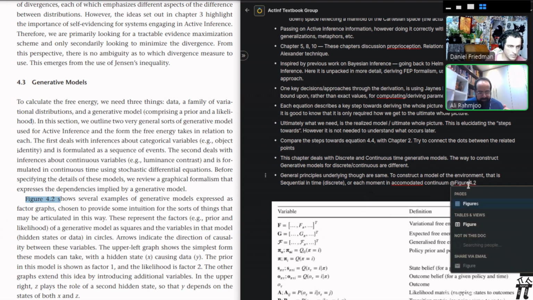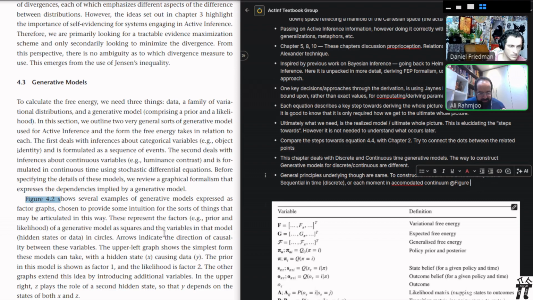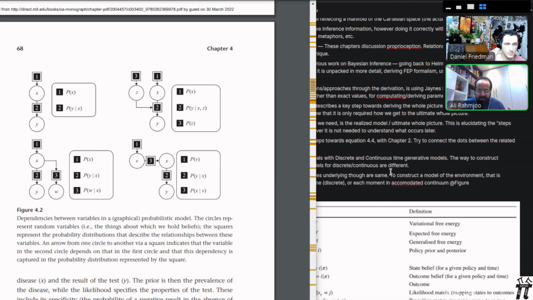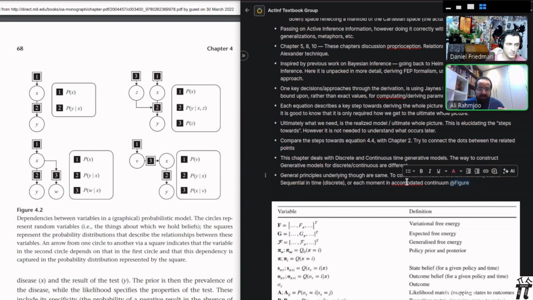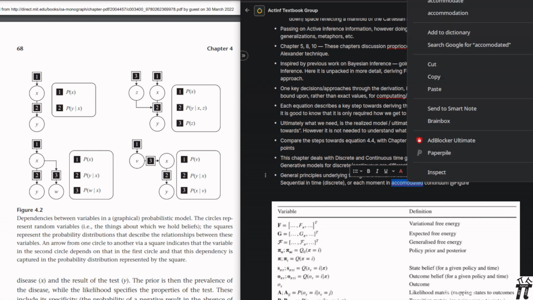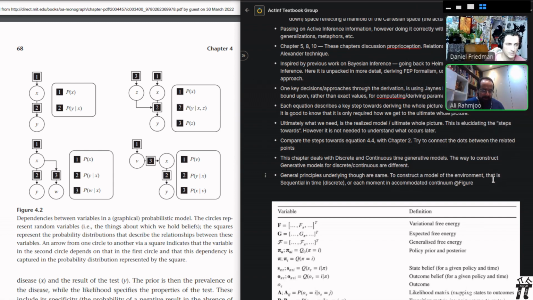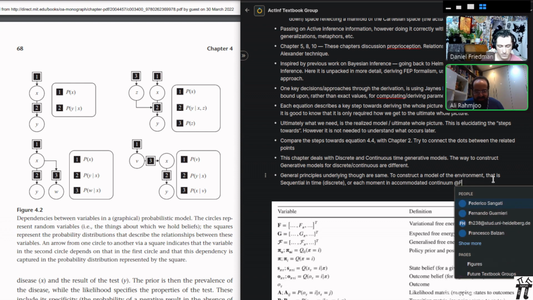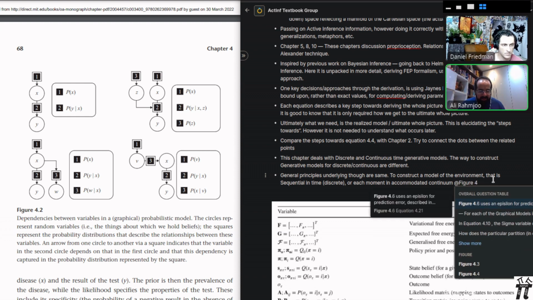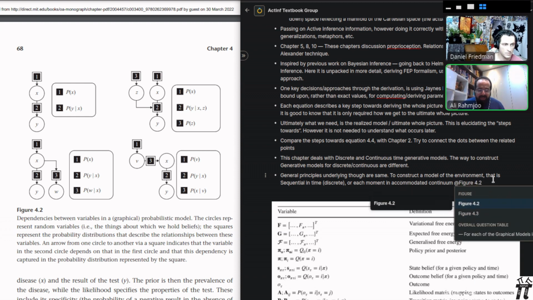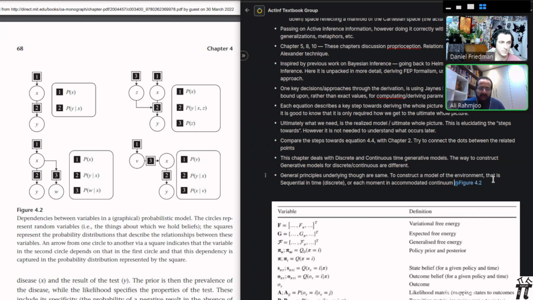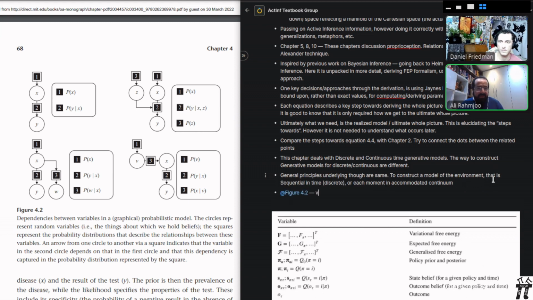We have some examples of different kinds of generative models, some case studies, if you like, and it provides various ways to show how the dependencies between variables can be modeled using these kinds of graphical probabilistic models.